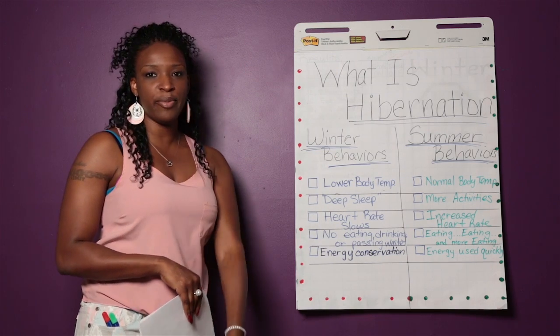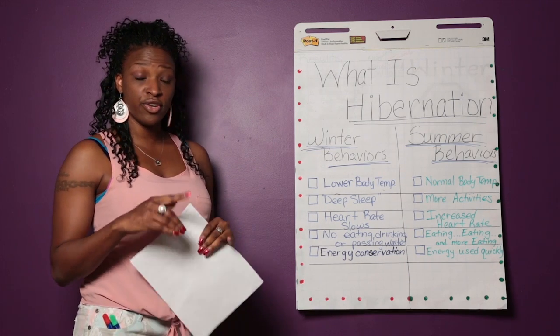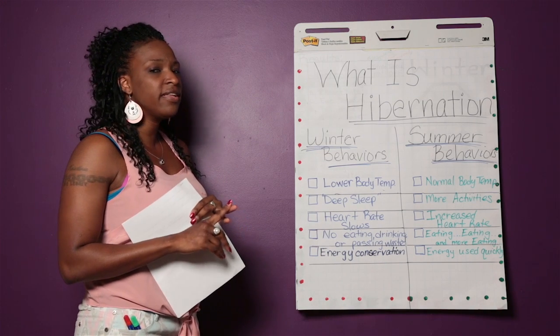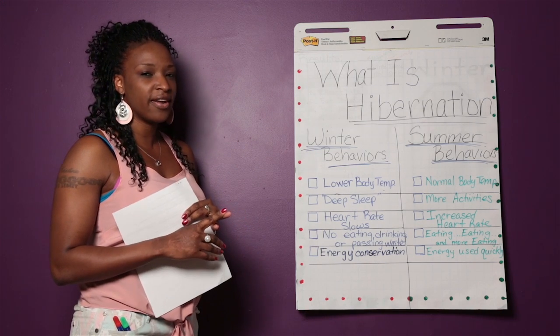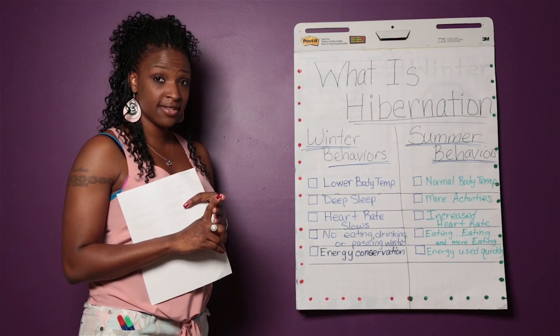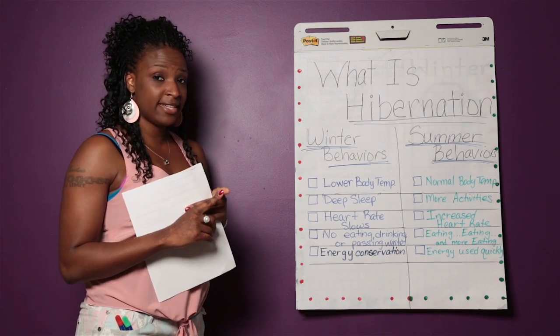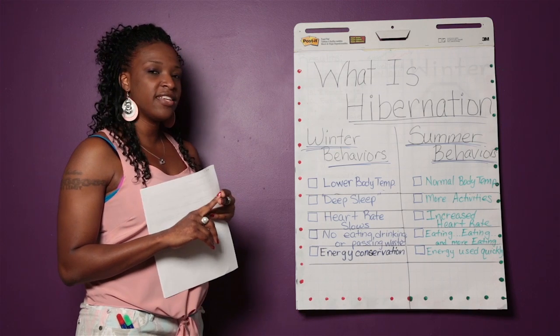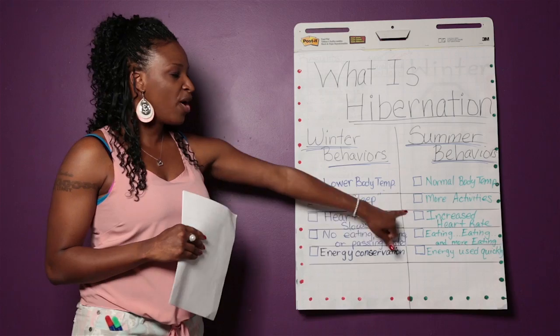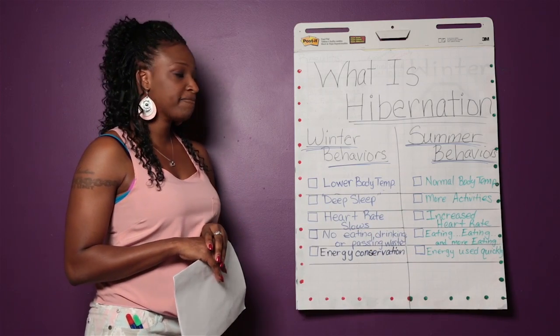Now, what happens in the summer? We have the temperature normalizing. The bears are definitely more active than they are when they're hibernating. If you think about it, now is the time to hunt. Now is the time to mate. All those things that you won't do while you're hibernating. The heart rate increases.